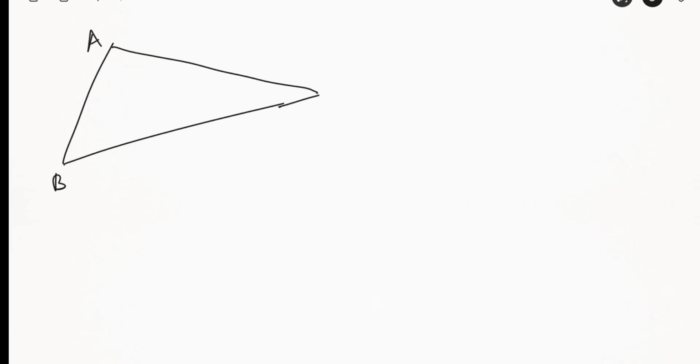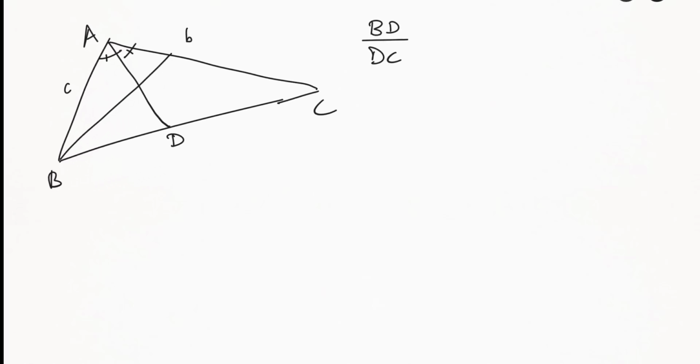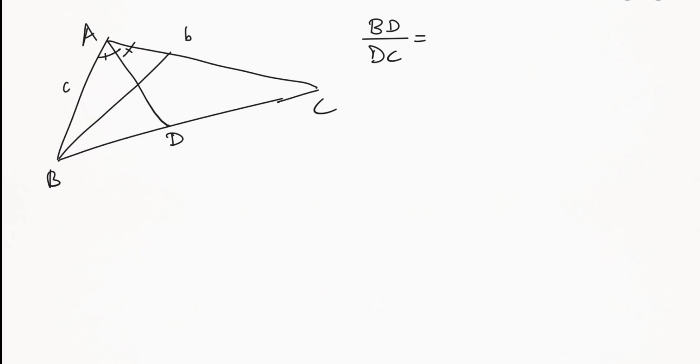A, B, C. Let me do it fast. These are the same angle. Define one point D. And by the angle bisector theorem, you know the ratio of BD and DC will be the same as AB and AC. This is C, this is B, and the bottom one is A, right? Why are we always talking about ratios?